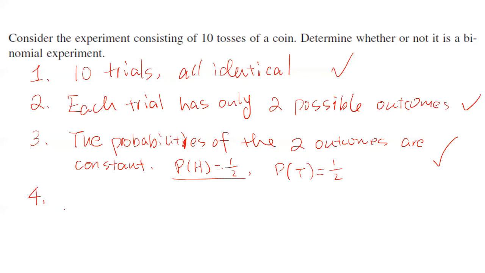How about the fourth one? The trials are independent, right? Because whether you toss a head or tail does not affect the next toss. That means the trials, or tosses, are independent.